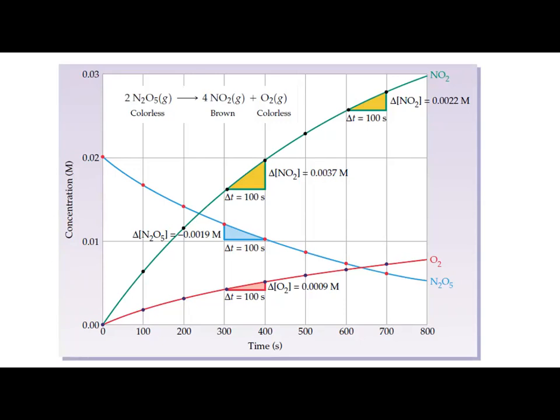Okay, this increase and decrease we have already discussed, and now we are going to compare all these rates. Which rate, either it is the formation or decomposition, which one would be faster? NO2, because of having more moles. Then N2O5, it is less, and then oxygen, because it is less as compared to both the reactant and the product.